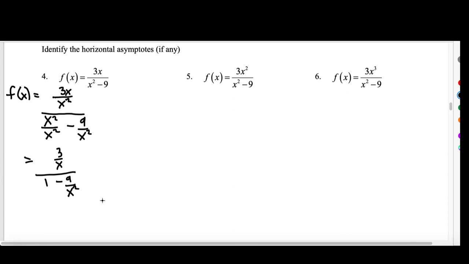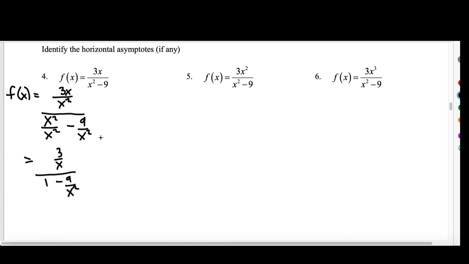Then we want to think about what happens as x either gets bigger without bound or gets smaller without bound, either as x goes to infinity or to negative infinity. That will tell us where the horizontal asymptote is.